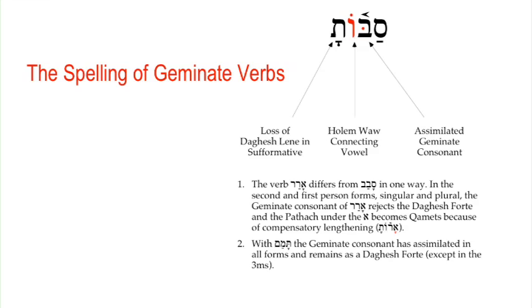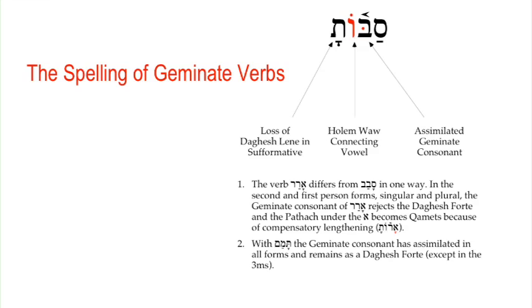But now let's look at some of the changes. We'll start at the beginning of the verb. First, you'll observe there's a dagesh forte in the bet. This dagesh forte represents the original geminate consonant. It's been lost, but it reappears as the dagesh forte in the geminate consonant.